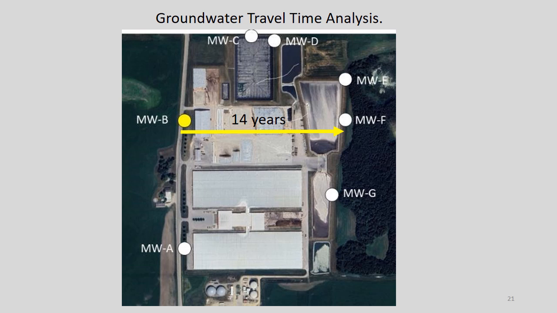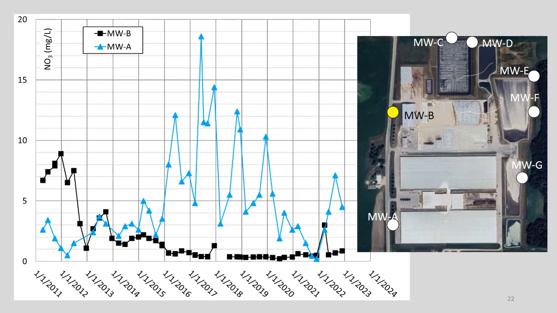We did some travel time analysis, and based on hydraulic conductivity and hydraulic gradient, it's about 14 years to move across the site on the north part, and almost 60 years on the south part. So this water here would have to be really quite old. And this whole area is agricultural, with lots of fertilizer used in the upgradient area.